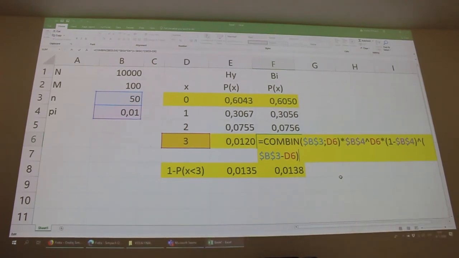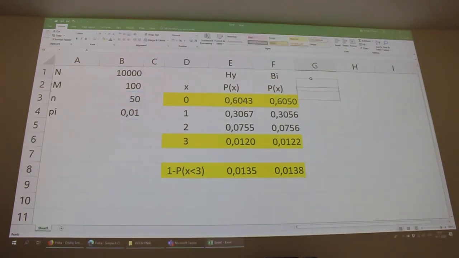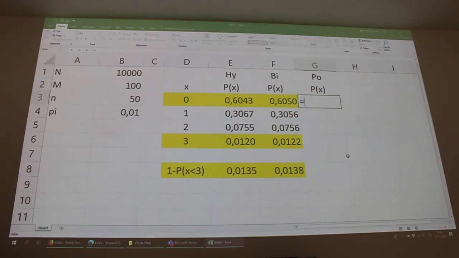We can continue with the Poisson distribution, and we can calculate probabilities. Do you remember the probability function for the Poisson distribution? Exponent, Euler constant. Do you know the value of the Euler constant?